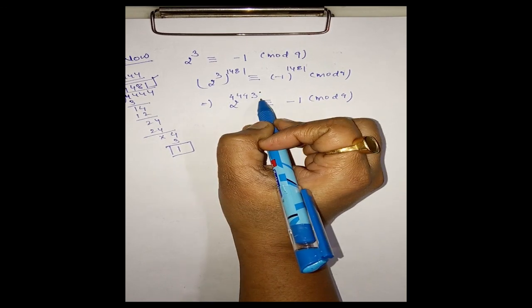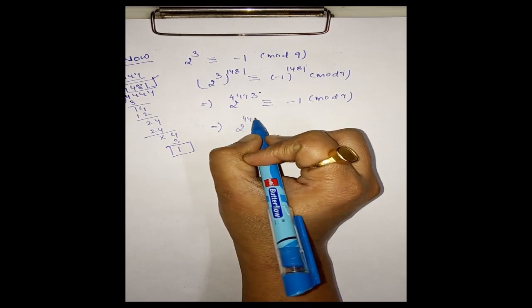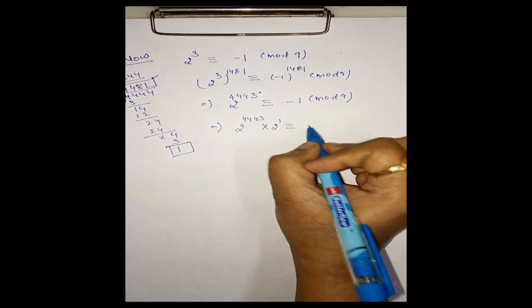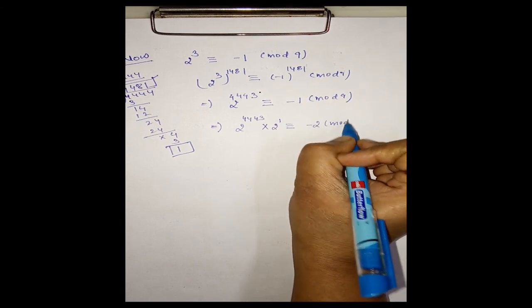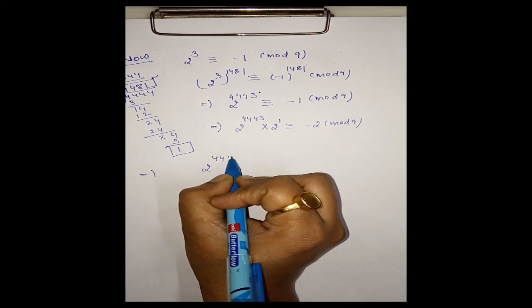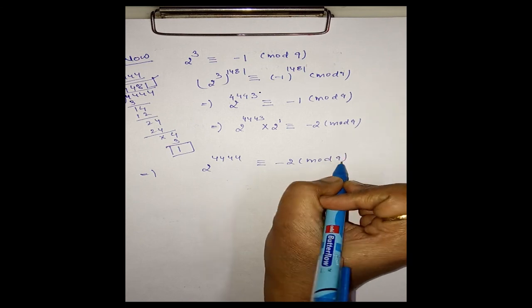Now we have to reach the power 4 times 4 here. For this we have to multiply by 2 both sides. This will imply 2 power 1 times this is congruent to minus 2 modulo 9, and this will give us 2 power 4 times 4 is congruent to minus 2 modulo 9.